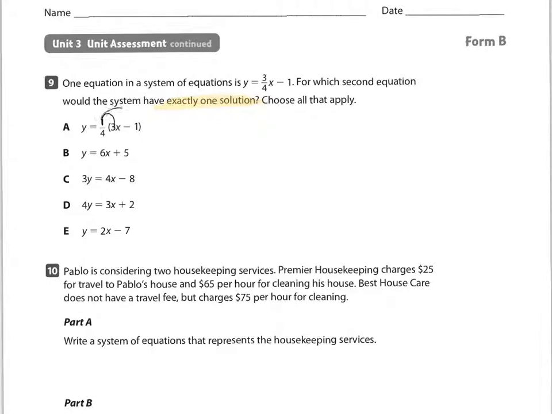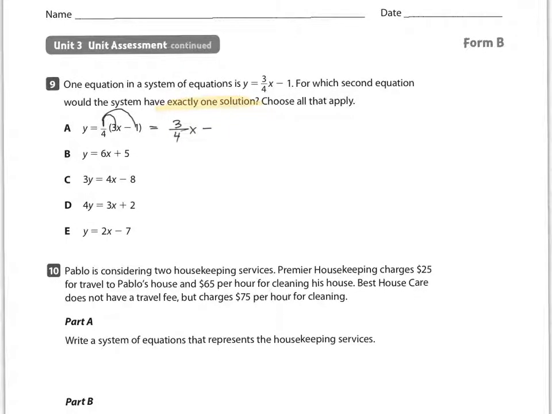We're going to distribute the 1/4, and that's going to give us 3 over 4x minus 1/4. Now in this case, they have the same slope, 3/4 and 3/4, but the y-intercept is different. Again, one solution means different slope, so A is not our answer.